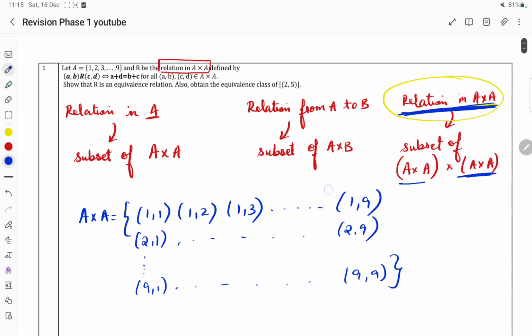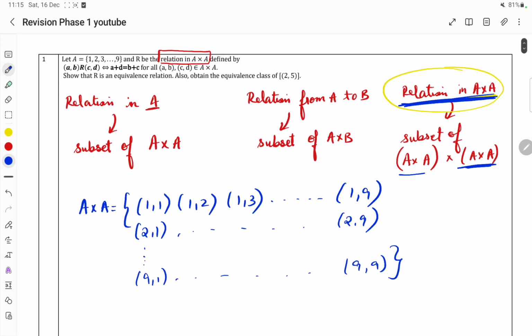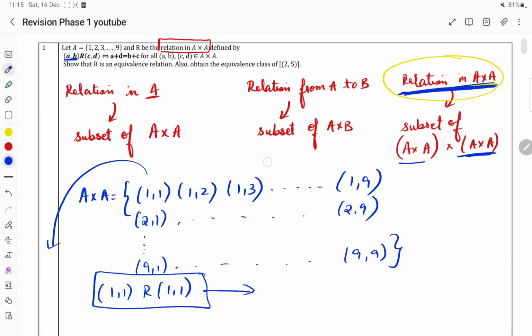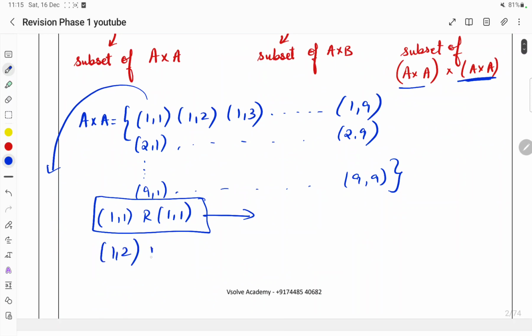Here they have mentioned the relation on the pair (a, b) itself. If I take this, then (1, 1) should be related with (1, 1). This will be reflexive if we have that, and (1, 2) should be related with (1, 2). So this entire thing is an element.